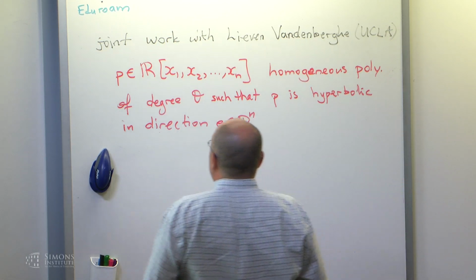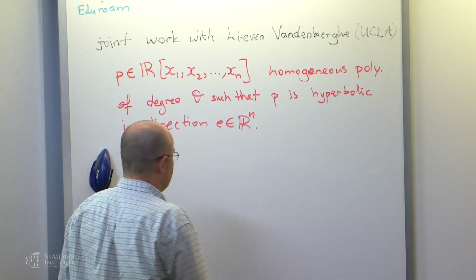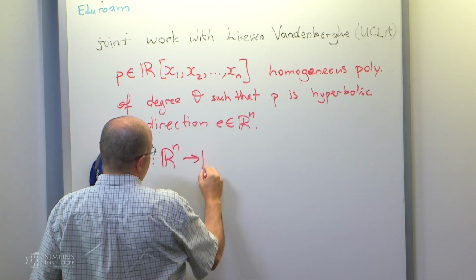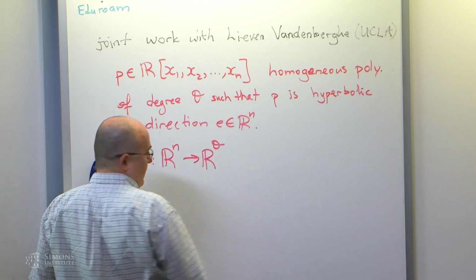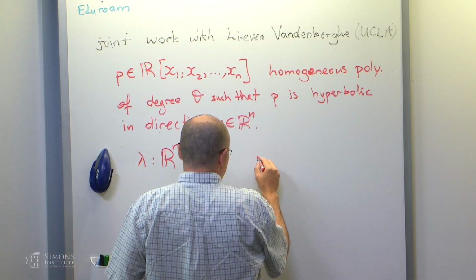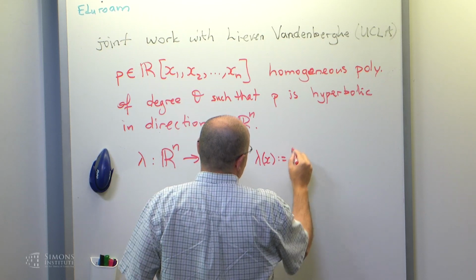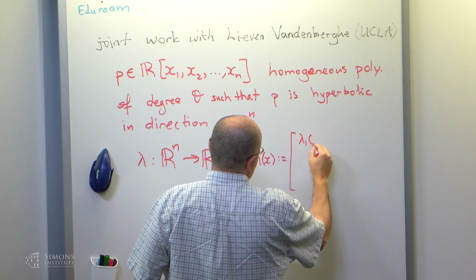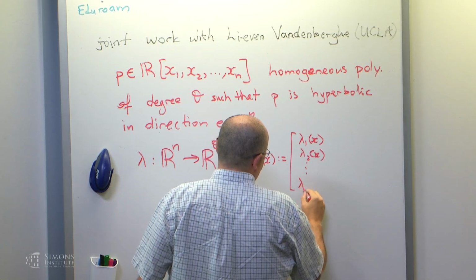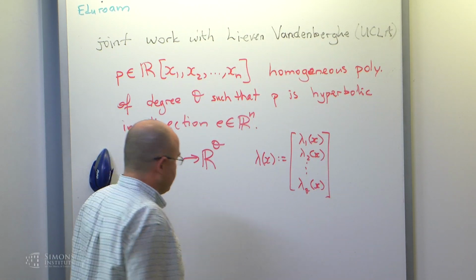Okay. And then we can define a map lambda from R^n to R^theta, such that I'm gonna write lambda(x) as lambda_1(x), lambda_2(x), lambda_theta(x). And these are ordered.